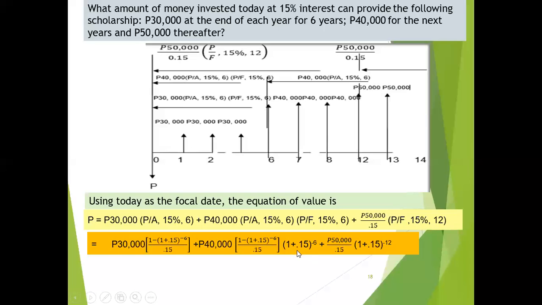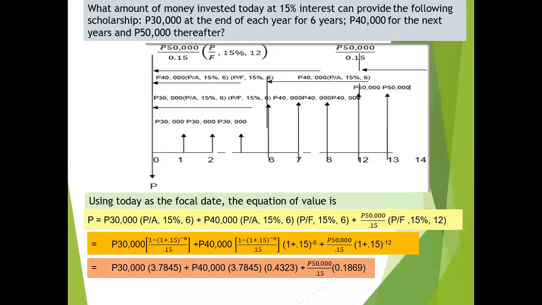So you have 1 plus 0.15 to the power of -6, plus the present value of your 50,000 perpetuity, or the amount you want to receive starting 12 years.